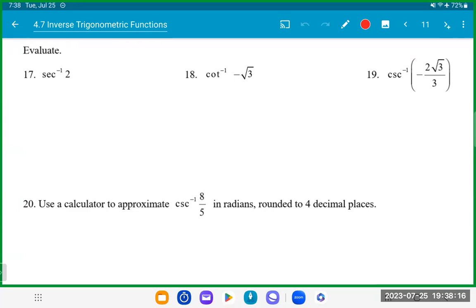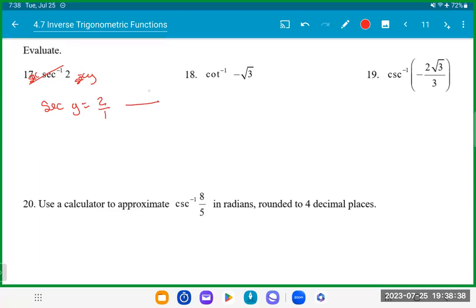Okay. So first we have secant inverse of 2. If we set that equal to y, we can take the secant of both sides. So we get that the secant of y is equal to 2 over 1, is really what that's saying. Okay.